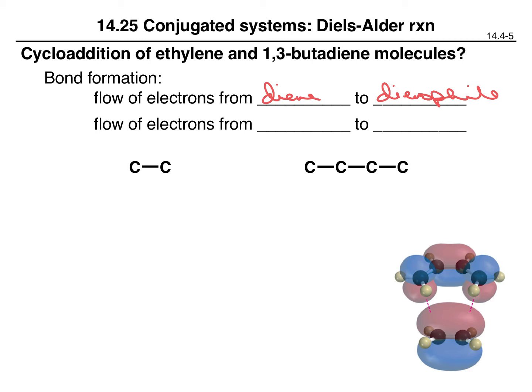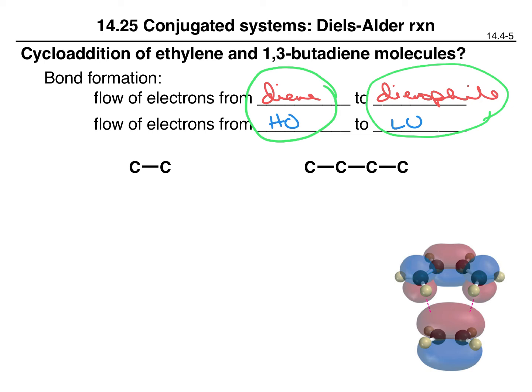And earlier, when we were talking about frontier molecular orbital theory, we said that the flow of electrons must proceed from the highest occupied molecular orbital of one species to the lowest unoccupied molecular orbital of the other species. In other words, we must be talking about the highest occupied molecular orbital of the diene reacting with the lowest unoccupied molecular orbital of the dienophile.